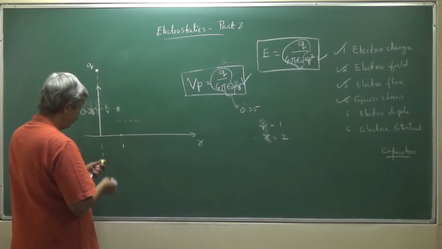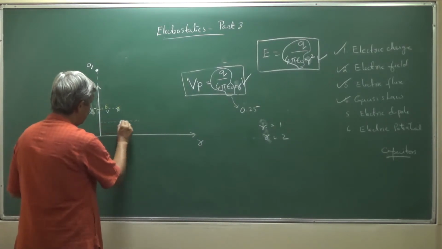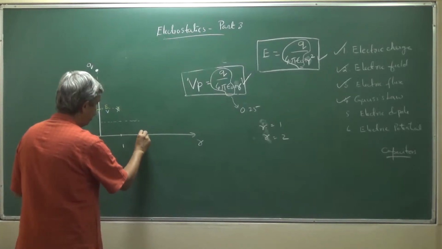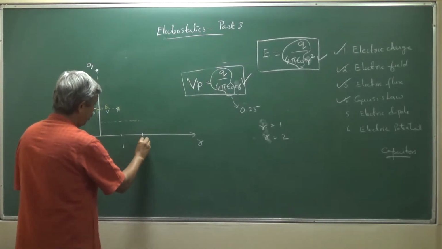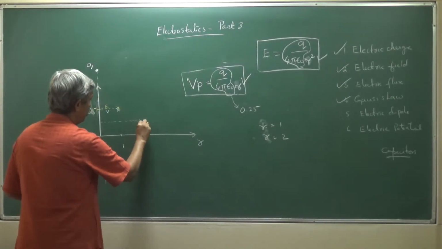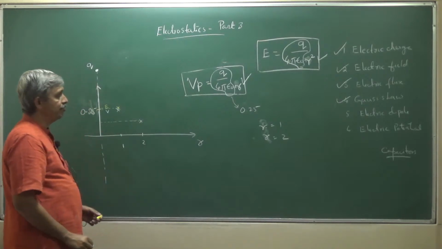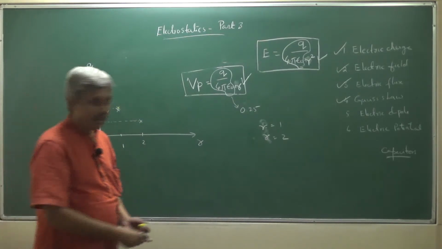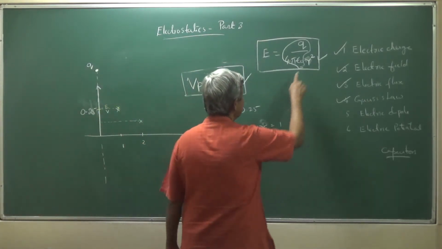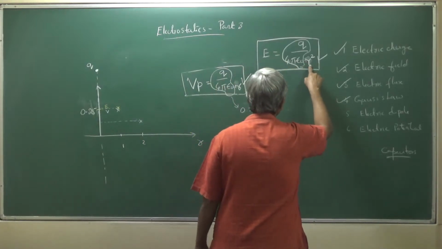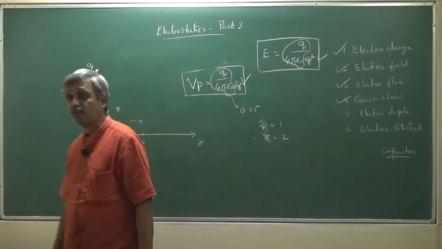So this is nothing but 0.125, and at this point, at point 2 here, the value of V is... okay. What is the value of basically E? This one is 2 square is 4.